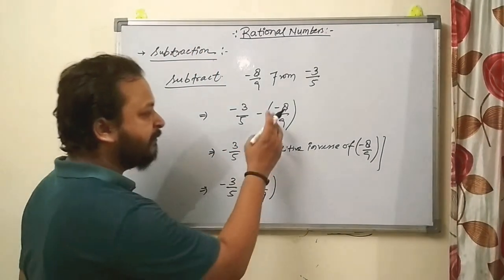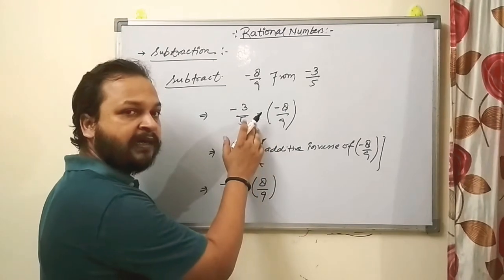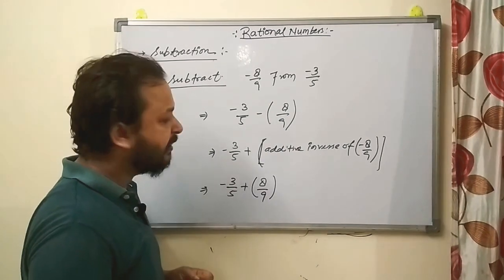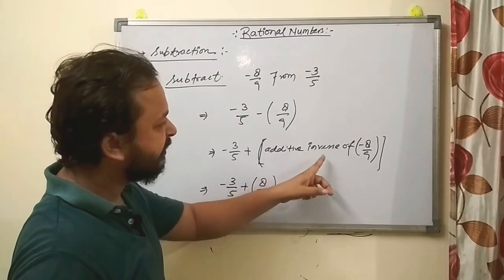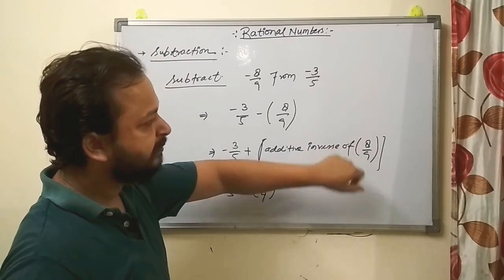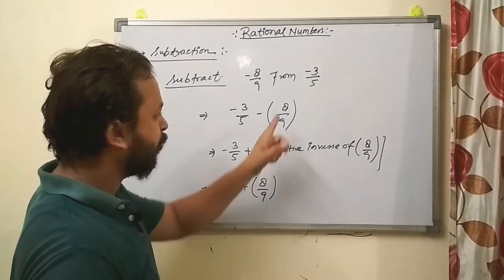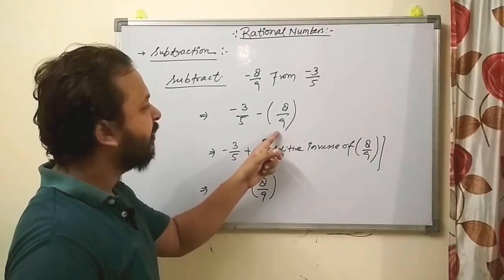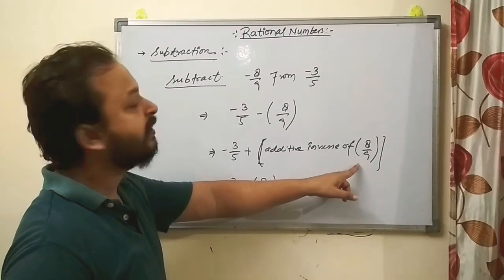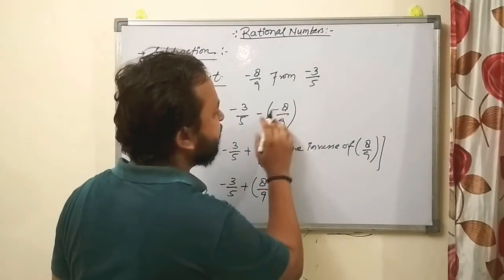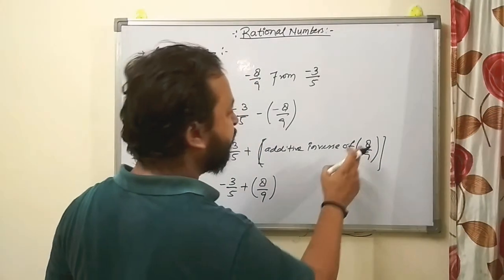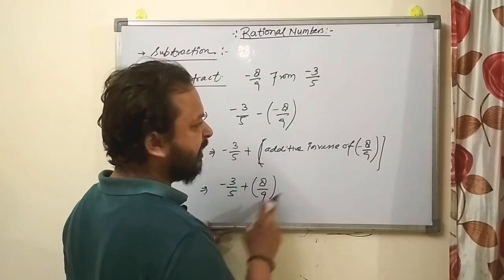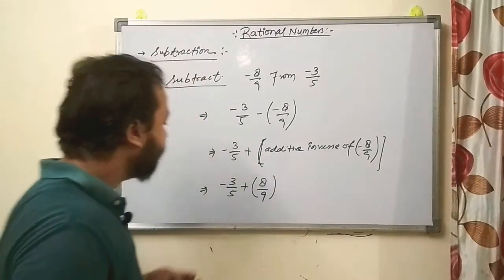So on the subtraction part, if it is given as minus 8 by 9, you have to write it as the additive inverse of minus 8 by 9, so it becomes minus 3 by 5 plus 8 by 9, right? And minus 8 by 9 is the additive inverse of 8 by 9, but here it is given as minus 8 by 9. So 8 by 9 is the additive inverse of minus 8 by 9, because the result you are getting is 8 by 9, and this number is the additive inverse of this one, right?